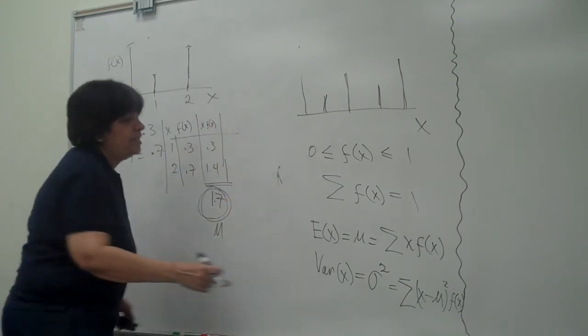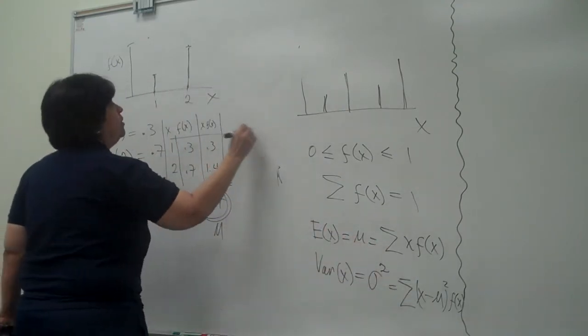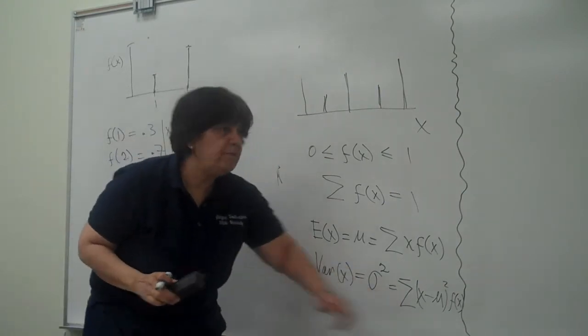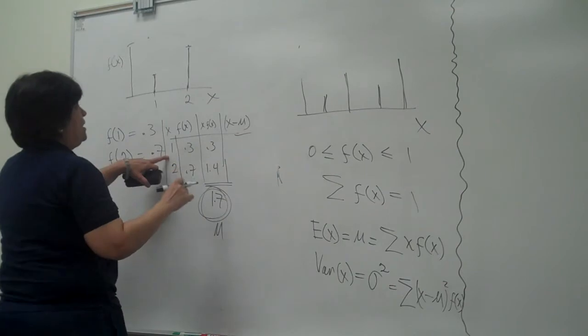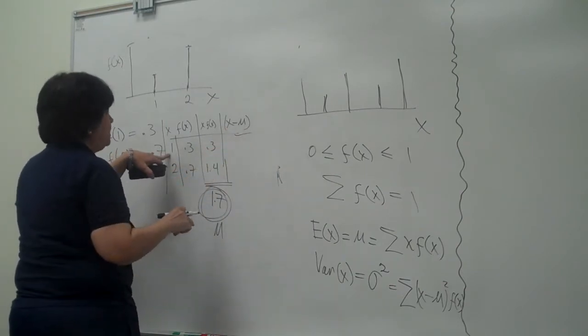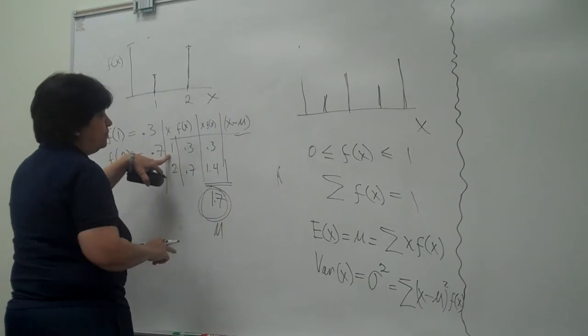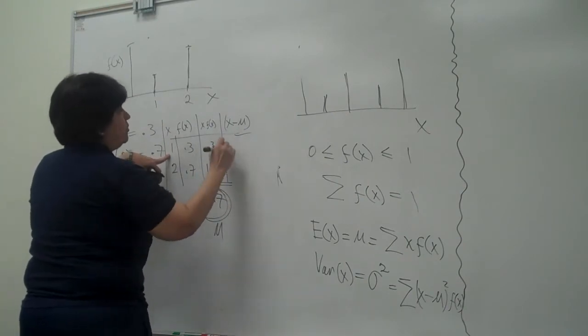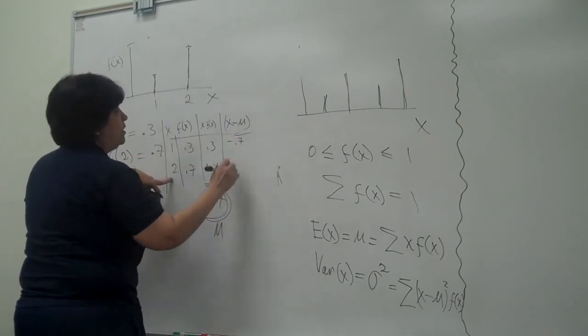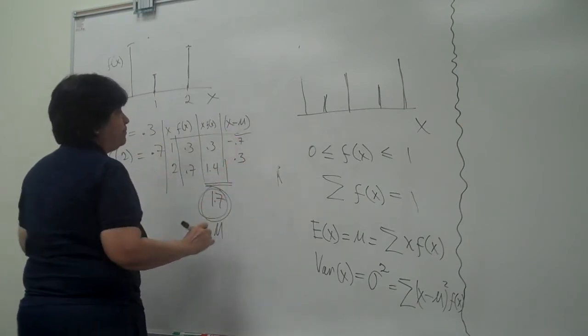I have to have this x minus mu, because that's what the formula is asking me. This is x, this is mu. 1 minus 1.7 is negative 0.7. 2 minus 1.7 is positive 0.3.